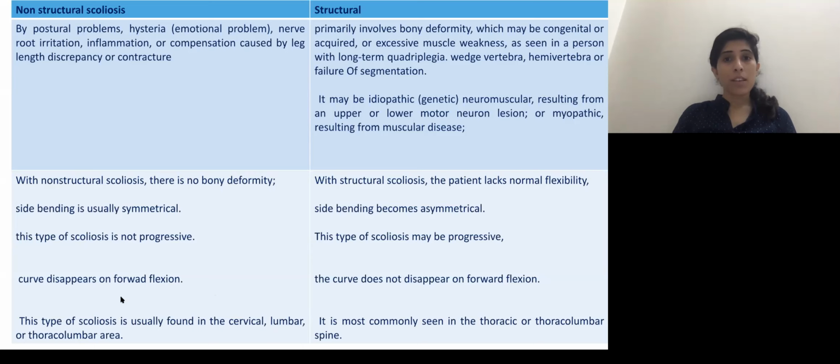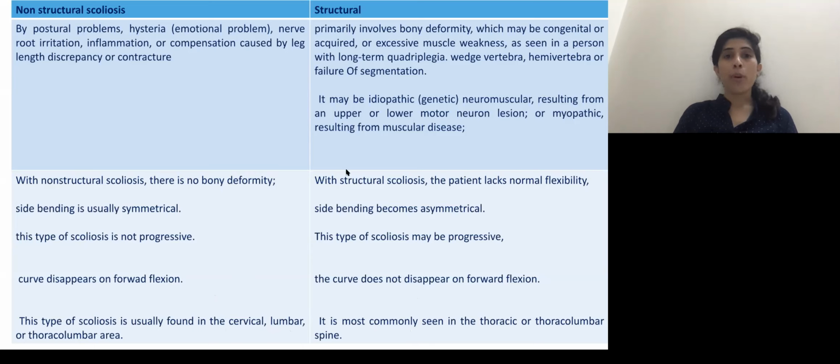The non-structural curve disappears when we do forward flexion, but the structural curve will not disappear when we ask the patient to move in the forward direction. Non-structural scoliosis is found in the cervical, lumbar and thoracolumbar region, and structural scoliosis is mainly found in the thoracic and thoracolumbar spine.